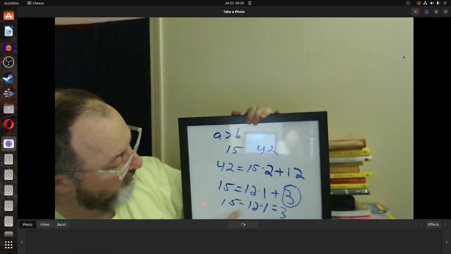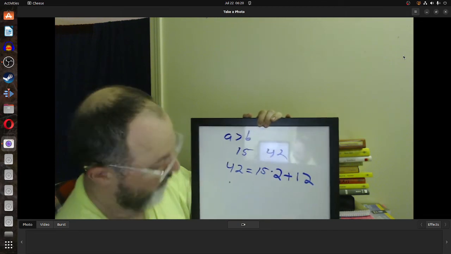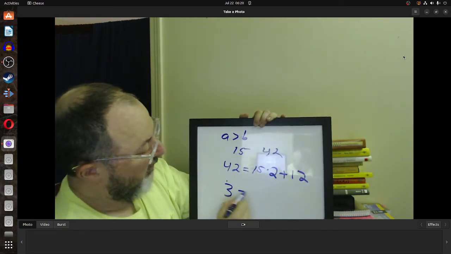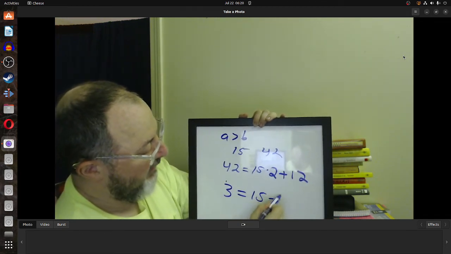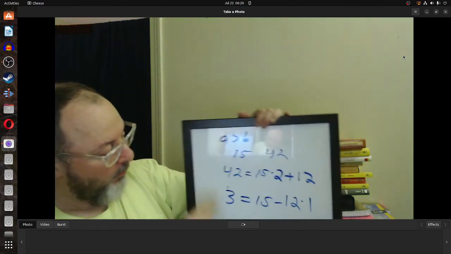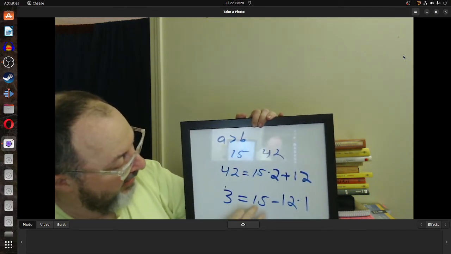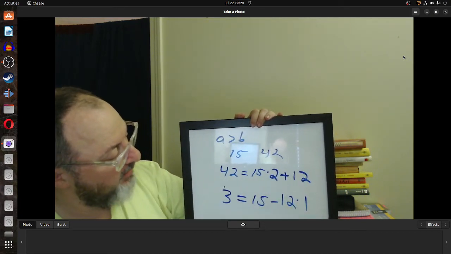Now we want the common divisor of 15 and 42, but I have 15 and 12 and 1 here.